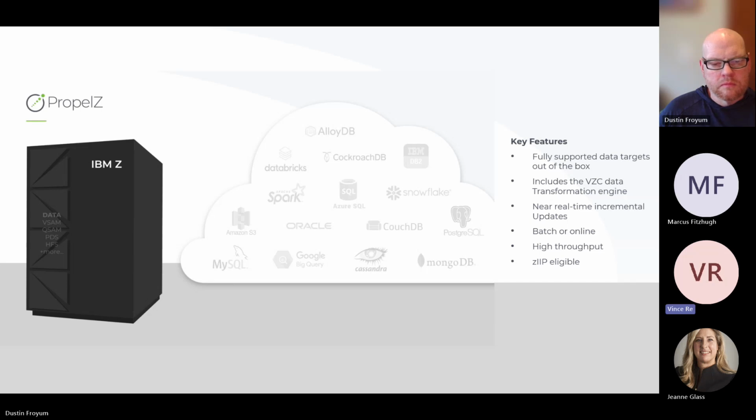PropelZ also includes our data transformation engine, so that data you're starting with is probably really complicated. Mainframe, let's say VSAM. If we look at a record in the VSAM file, it's probably many things. It might have some text data. That text data might be encoded in EBCDIC, and you need to rethink that as you're going to whatever your target is.